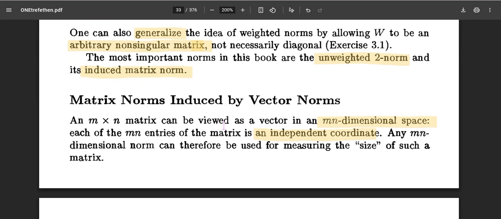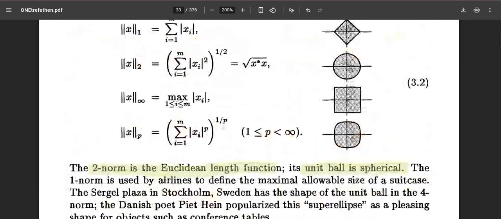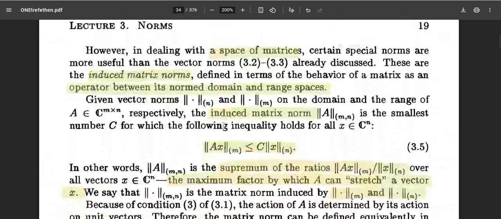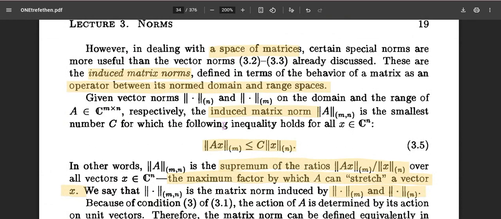Now we come to the matrix norm. One concept is to treat an m by n matrix as a single vector of mn elements, and apply any of the norms we defined earlier, for example the Euclidean norm. But there is another way of understanding this two-dimensional tensor using induced matrix norms.